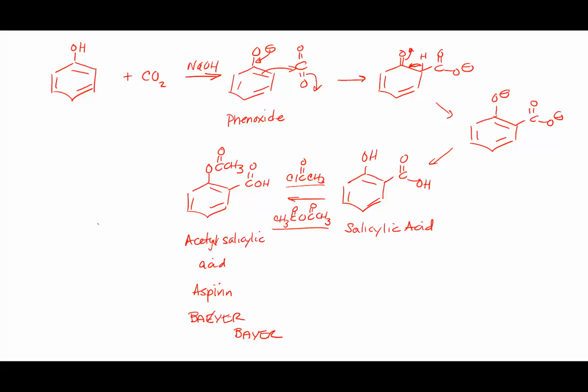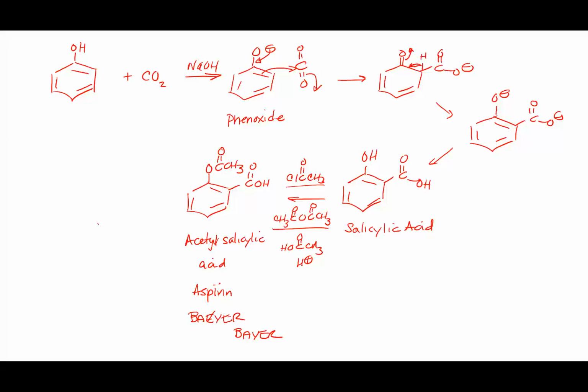The other thing that you could do is Fischer esterification. So you could use acetic acid and H+. And again, the alcohol would react faster than the carboxylic acid. And I could show you that in a minute, or at the end, maybe I'll show you why that would be the case. Okay.